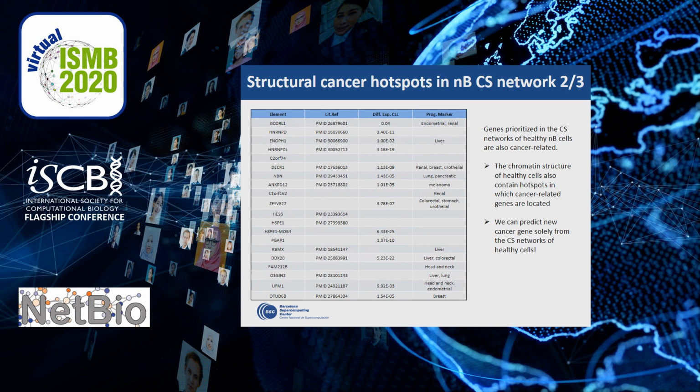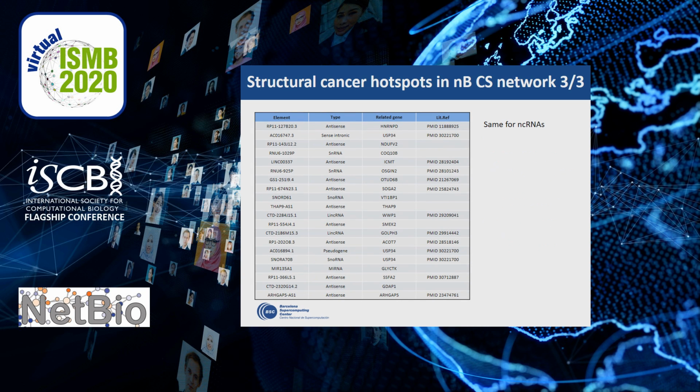Very interestingly, we can also use this Grafflet degree vector signature to prioritize genes that are also cancer related. What is very important here is that we can predict these new cancer genes solely from the chromatin structure network of healthy cells. We also did the same for the non-coding RNAs, achieving comparable performances.